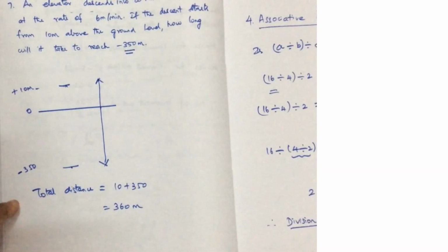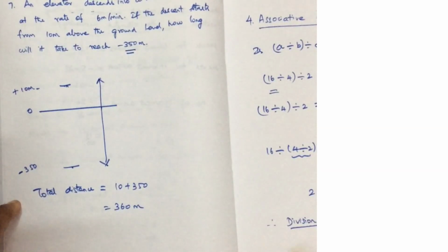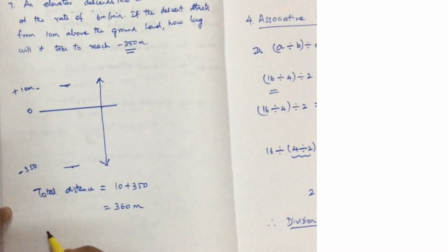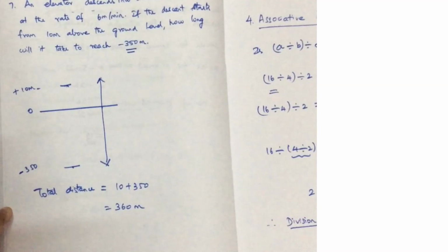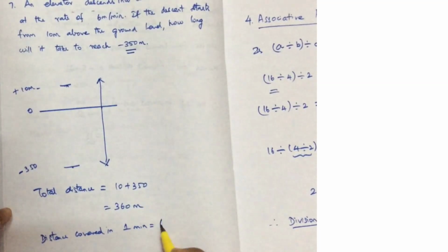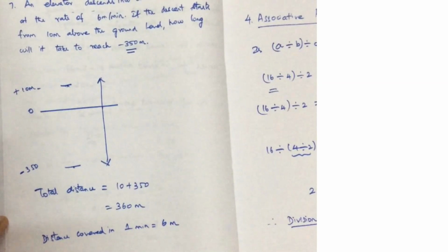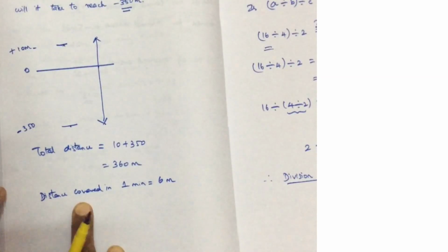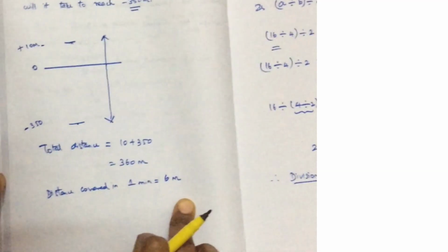So how long will it take to cover this distance? It is traveling at the rate of 6 meters per minute. So the distance covered in 1 minute is equal to 6 meters.